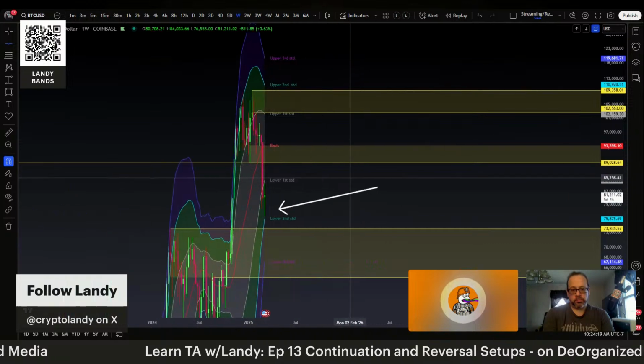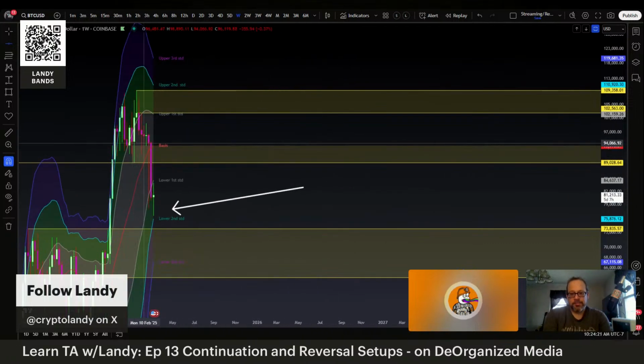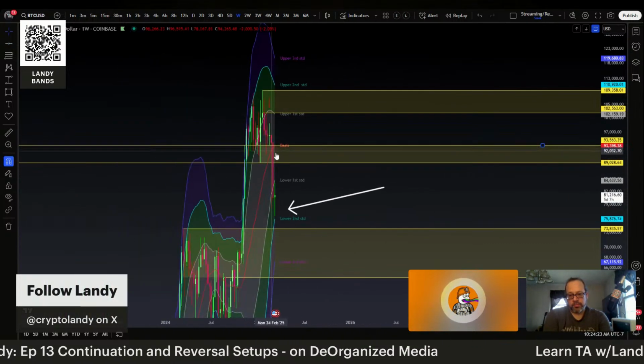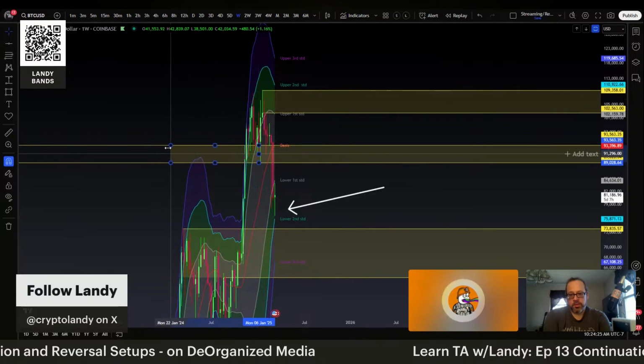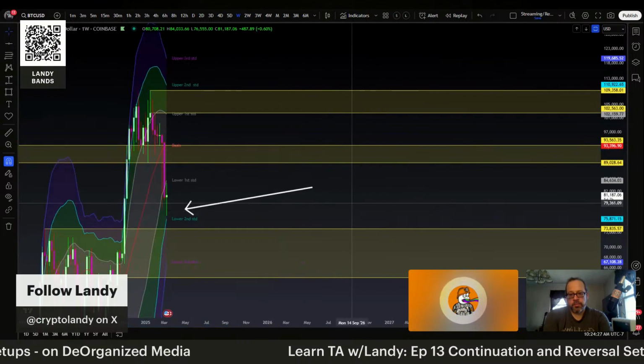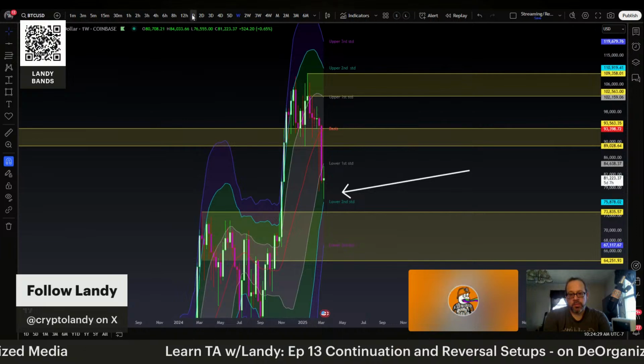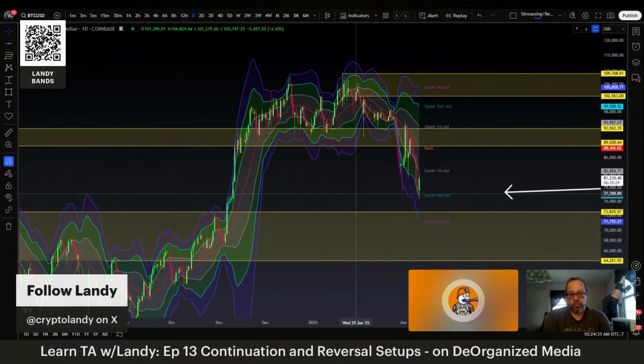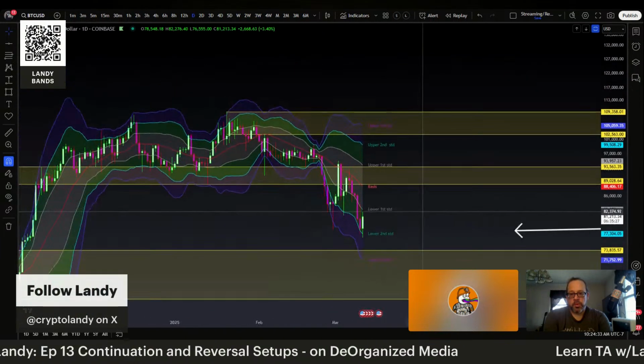Let's go to the weekly and mark this out with a nice horizontal, so we have a bigger area to reference over here for the full structure up top.